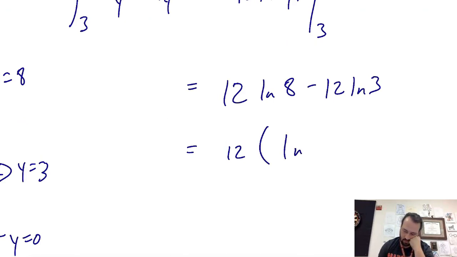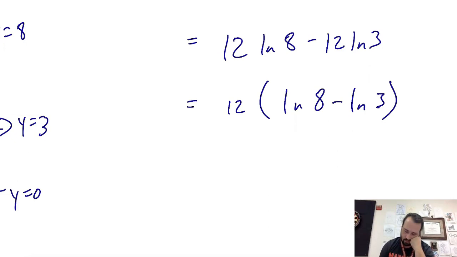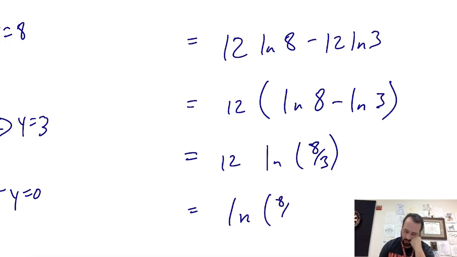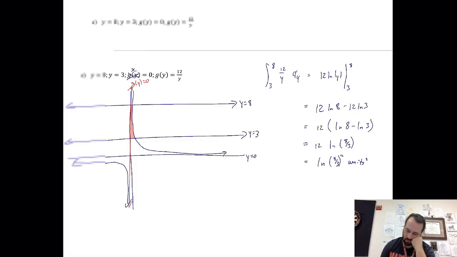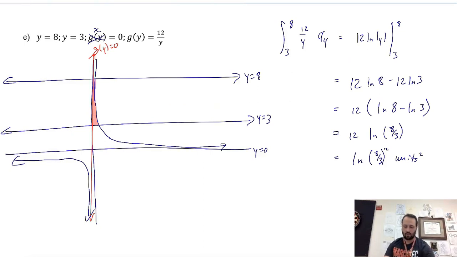So this is all not necessary, but I'm just rewriting it to remind you of the rules of natural logs and stuff. So 12 ln of 8/3, and then you could actually raise that to the 12th power if you wanted to. Ln 8/3 to the exponent of 12 units squared. Right? And that's all there is to that one.